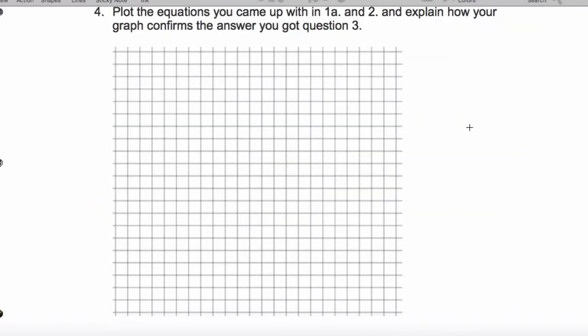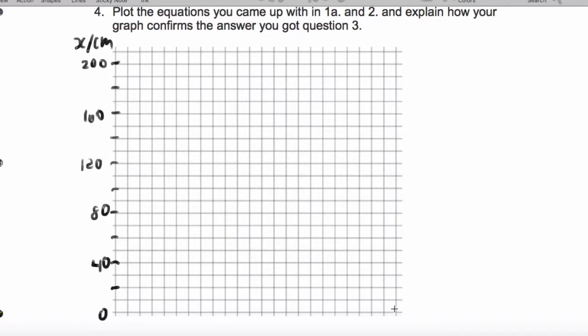Idea for number 4. Let's just count squares. So let's see, 2, 4, 6, 8, 10, 12, 14, 16, 18, 20 squares. So I'll mark this off as 200. This would be 180, 160, 120, 80, 40, and 0. This is x in centimeters.